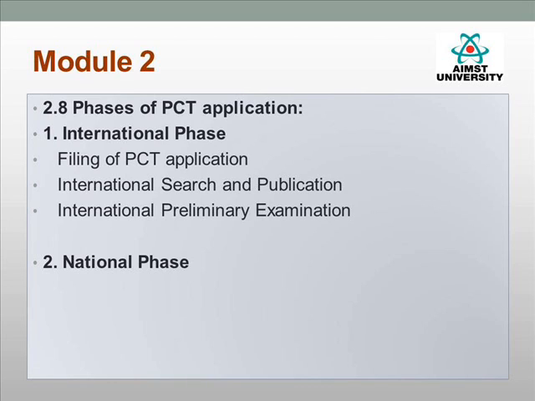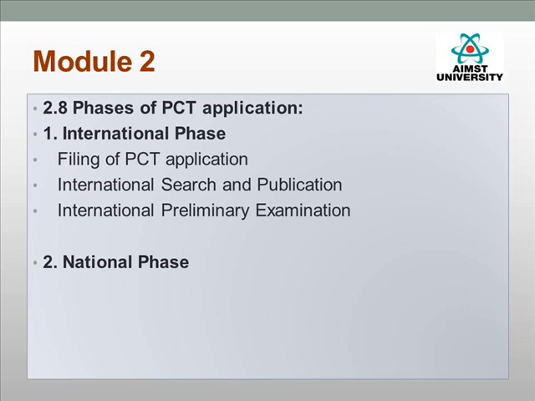International Preliminary Examination. The International Preliminary Examination is an optional step. If the applicant opts for the same, the request for the examination must be made within 22 months from the priority date or the international filing date, whichever is the earlier.